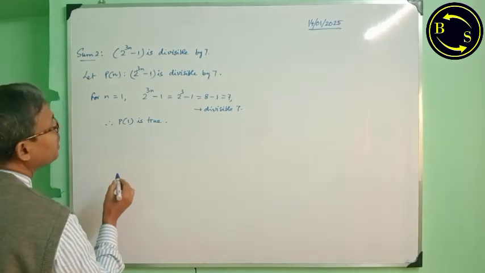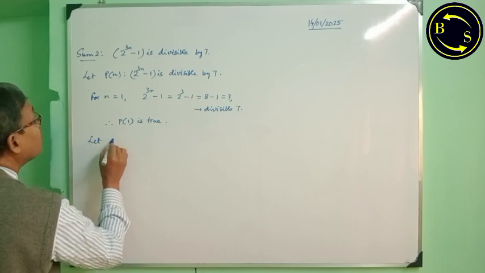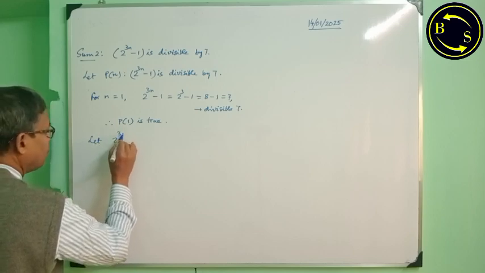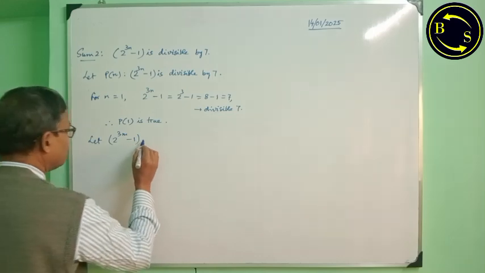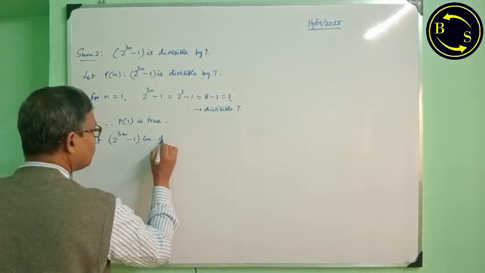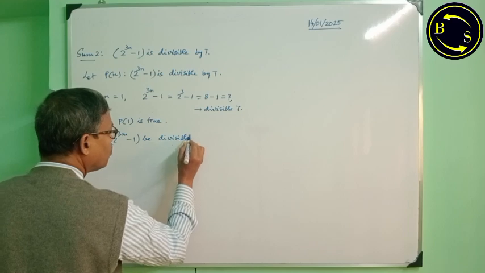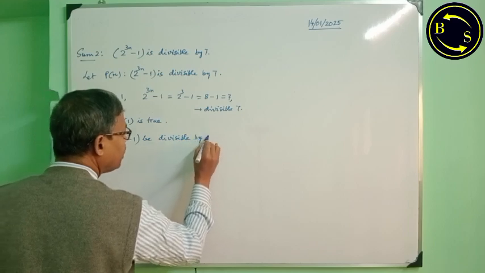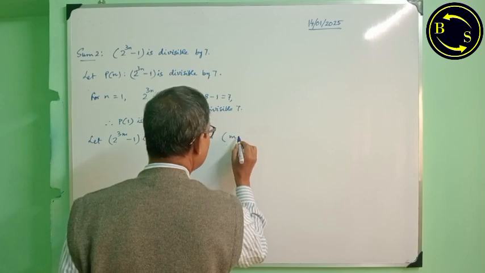Next, inductive hypothesis. Let 2 to the power 3n minus 1 be divisible by m, where m is greater than 1 and a natural number.